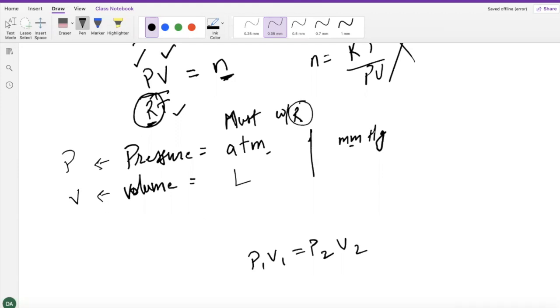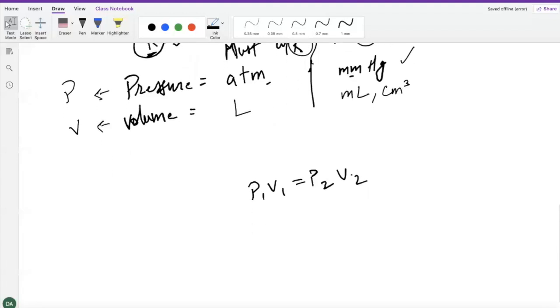Here, if you don't have R, then mmHg is okay, atm is okay, and even mL is okay, or centimeters cubed is okay. Let's say you're using this equation, and you see there are two volumes here. They have to match their units, but they don't have to be liters. Why, guys?